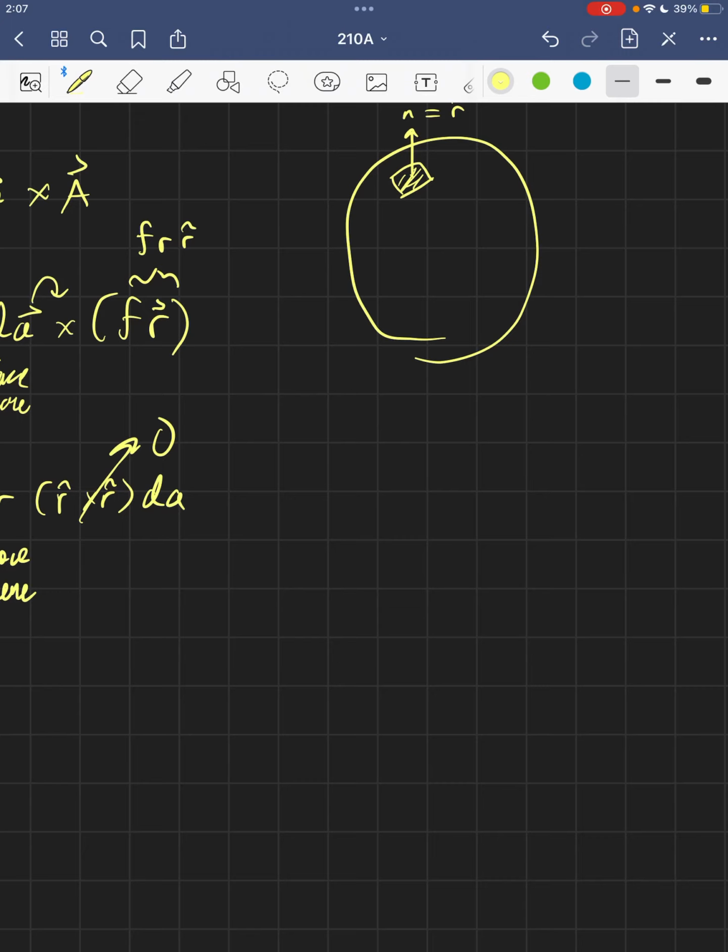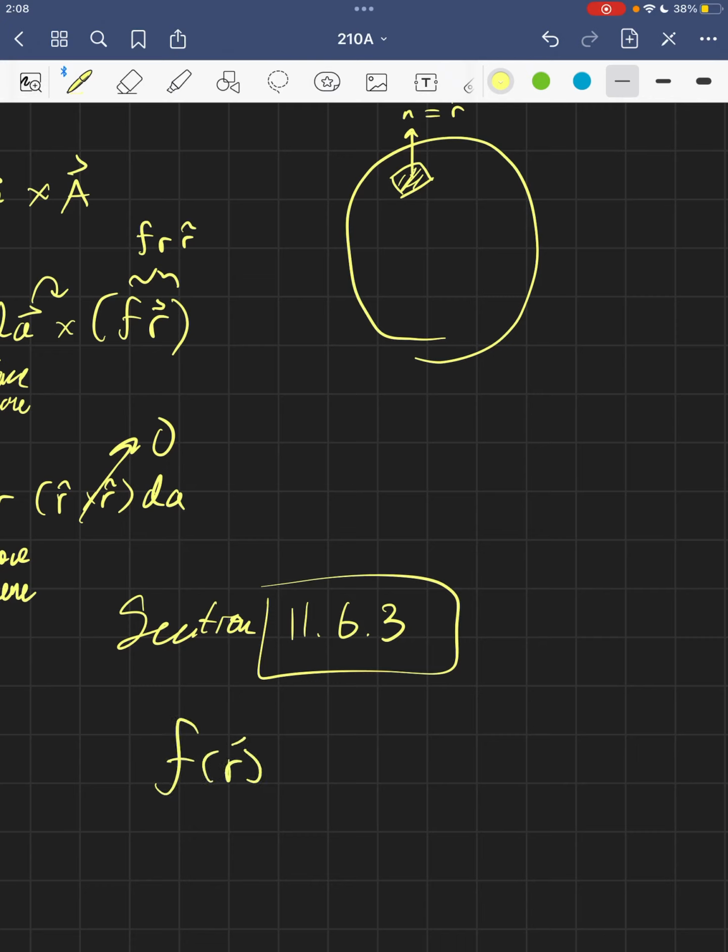If you did it the method we did before, then I believe you would need to use an identity, because you have a function that depends on r. If you do it the other way, look at section 11.6.3, because there's an identity in there that's important for that extra function term.